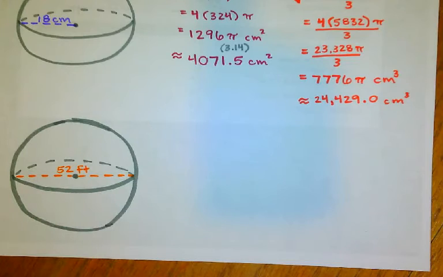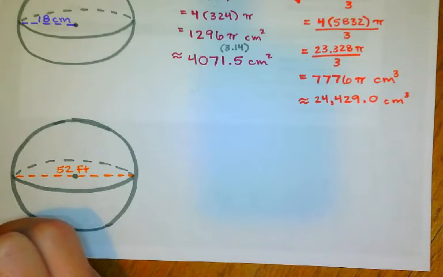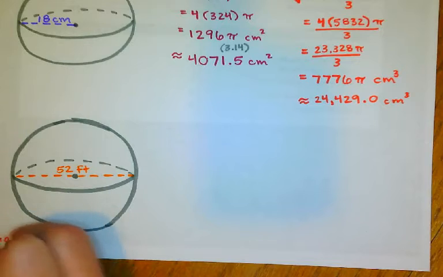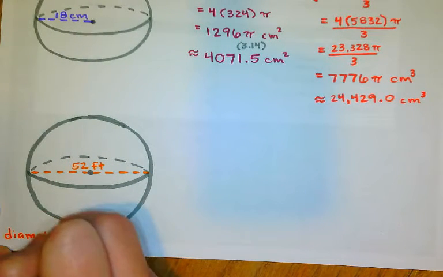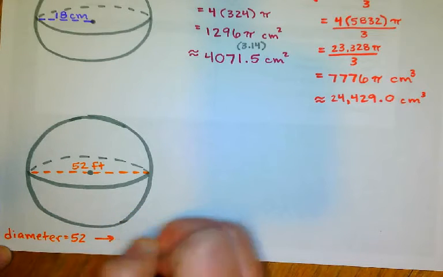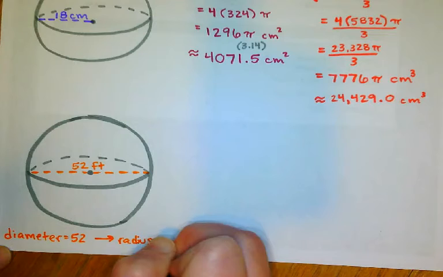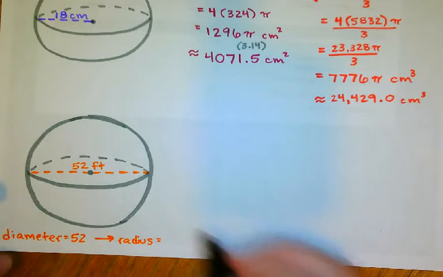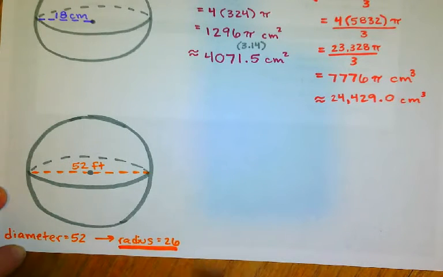If the diameter equals 52, then that means our radius is going to equal what? Half of 52, which is 26. Alright, so that's what we're going to be plugging into our formulas, is that 26.